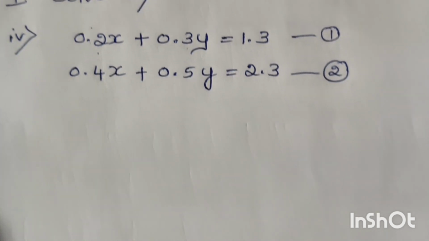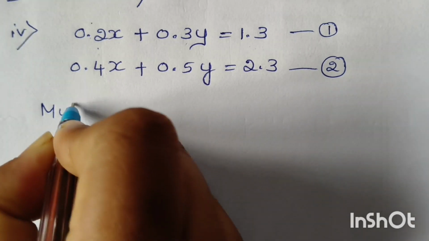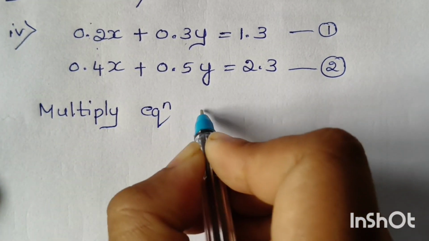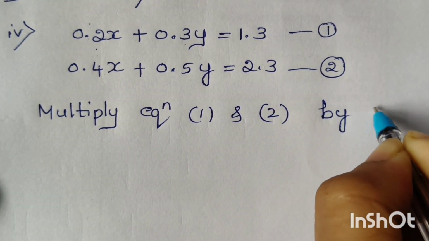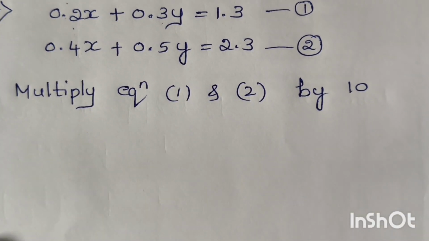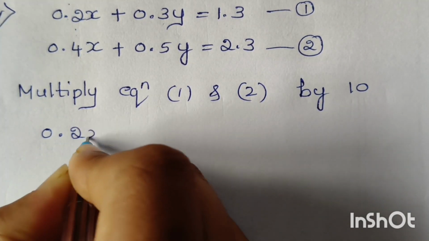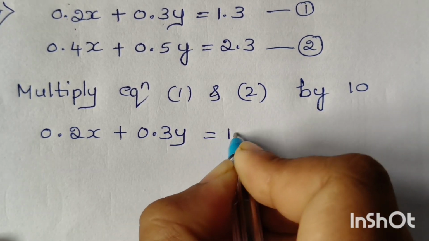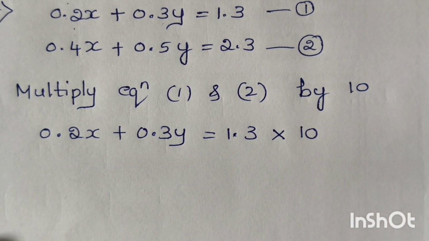First let me multiply equation 1 and 2 by 10. Here, 0.2x plus 0.3y is equal to 1.3 into 10.